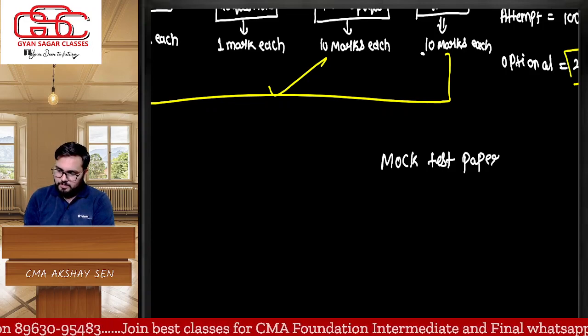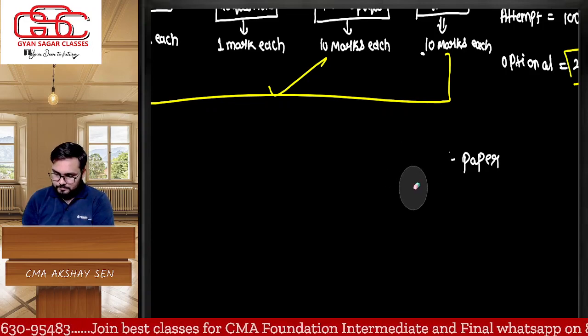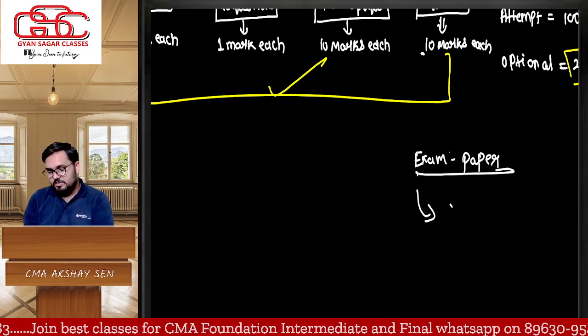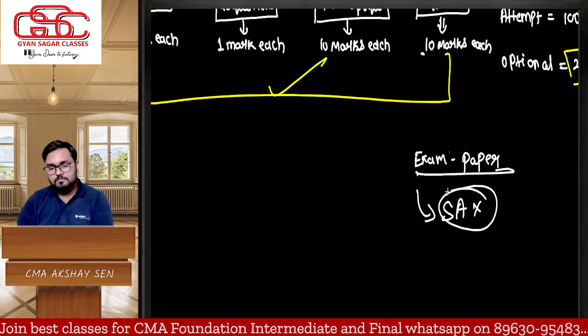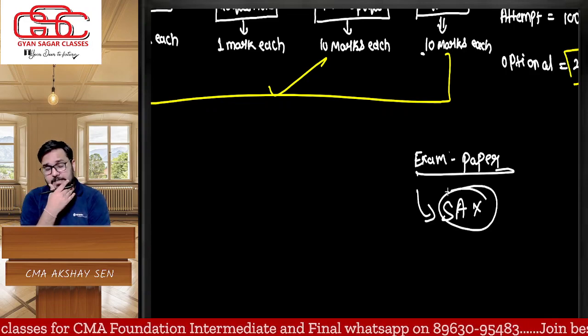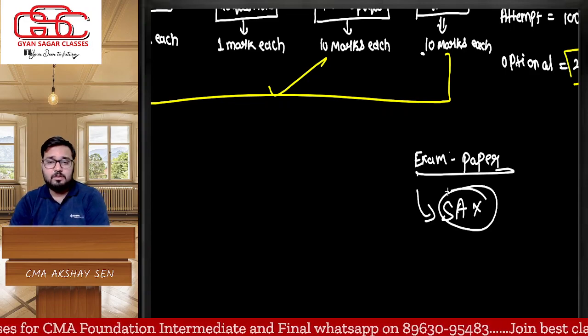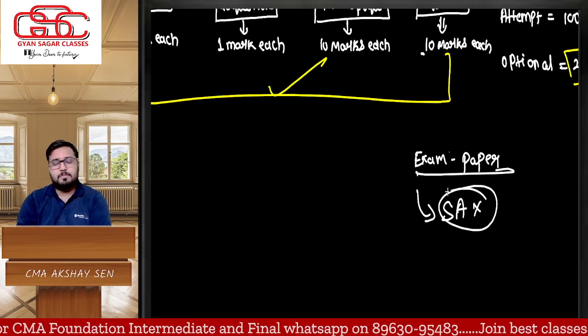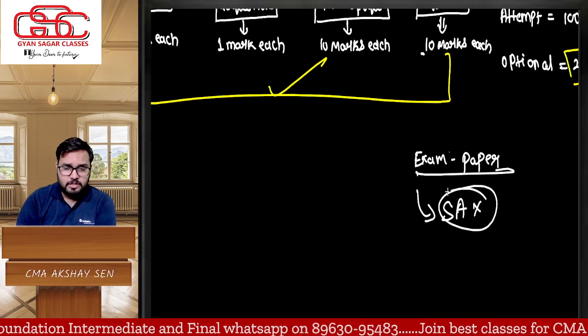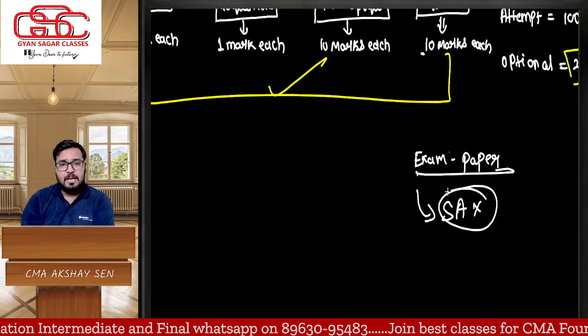Sorry, a mock test paper, not the exam paper of the last attempt, and no suggested answers. That is not good at all, because we need to give all the papers and suggested answers on time, so that students can practice on time and check their ability.